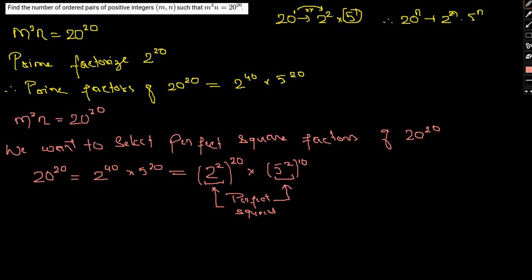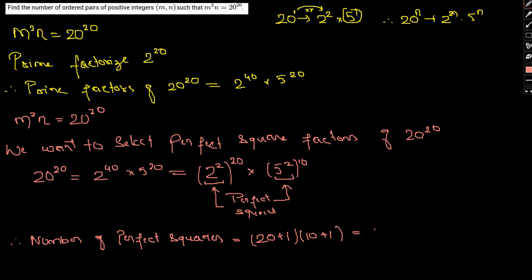So now the number of perfect squares will be 20 plus 1 into 10 plus 1, which gives us 21 into 11, 231, which is our required answer. So this is the number of ordered pairs.